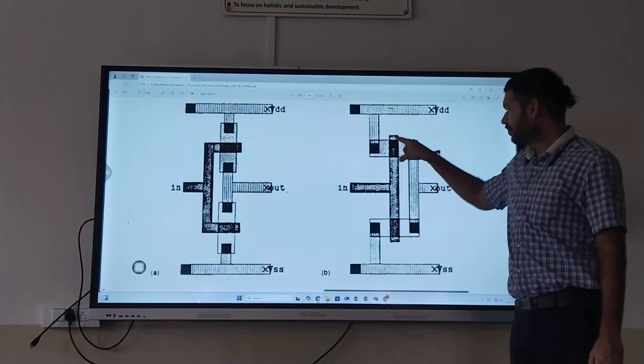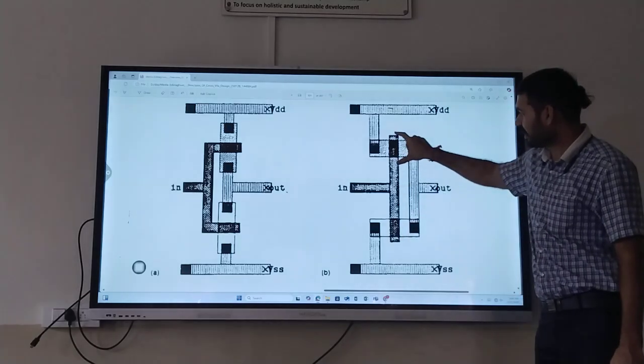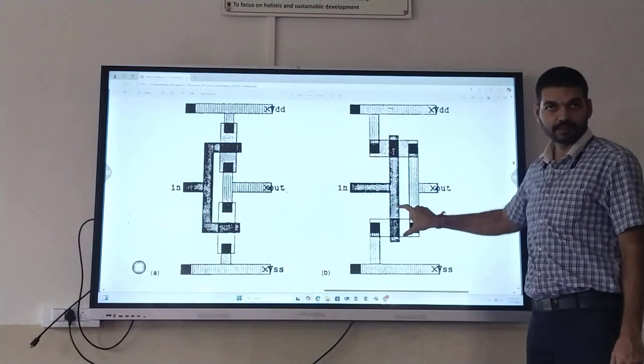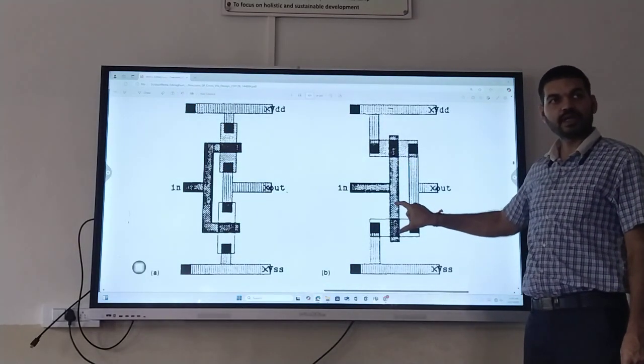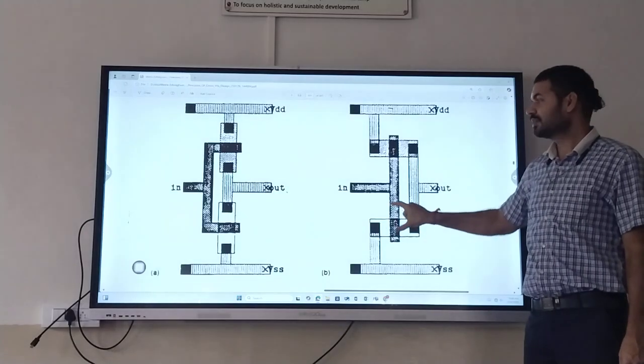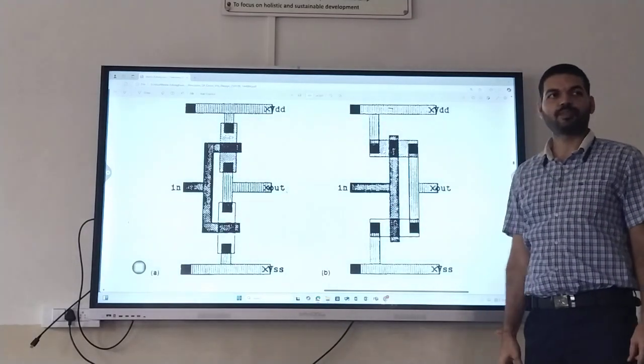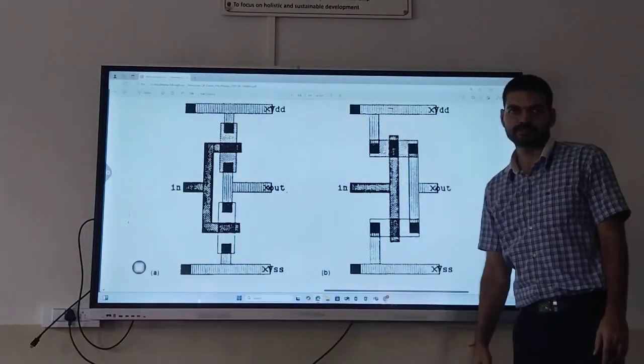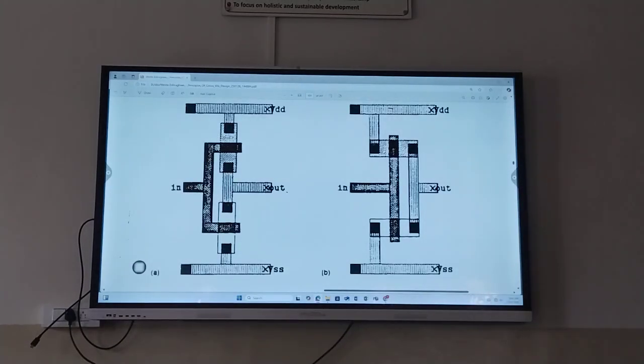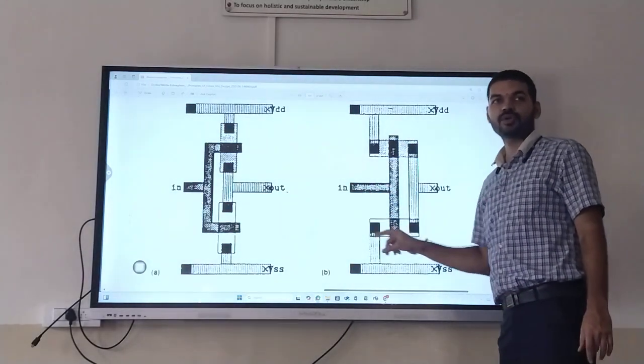For the input, actually we can have one poly here and one poly here separately. But we know that both the gates should be shorted. Therefore, we are keeping a common poly which can be called the input. This we have seen in the previous class, where I explained how to draw the layers.